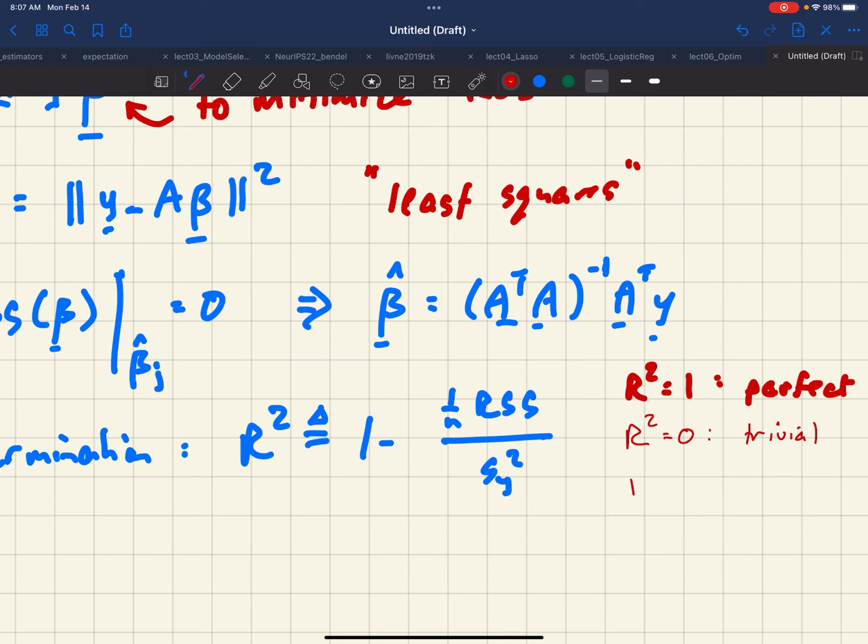And when R squared is less than 0, we would say this is impossible on training data for the least squares estimator.